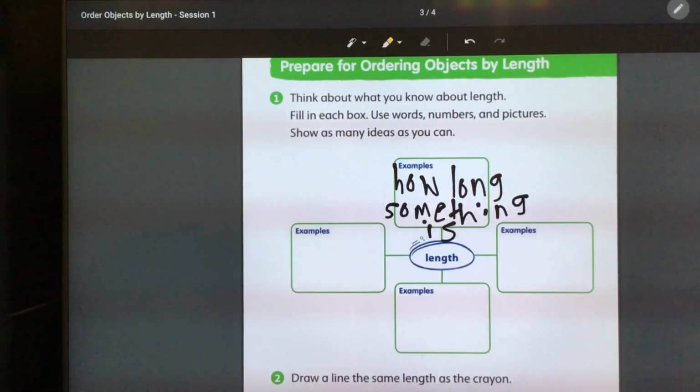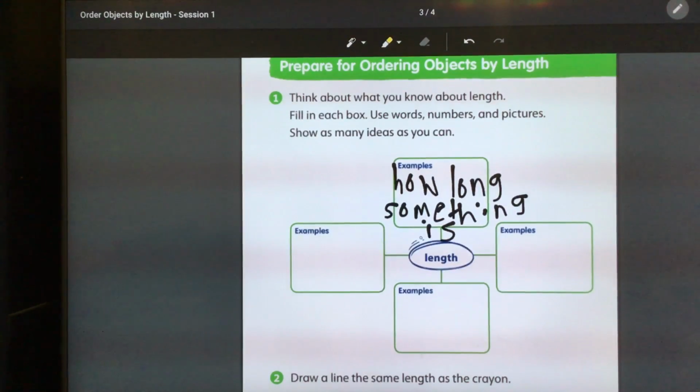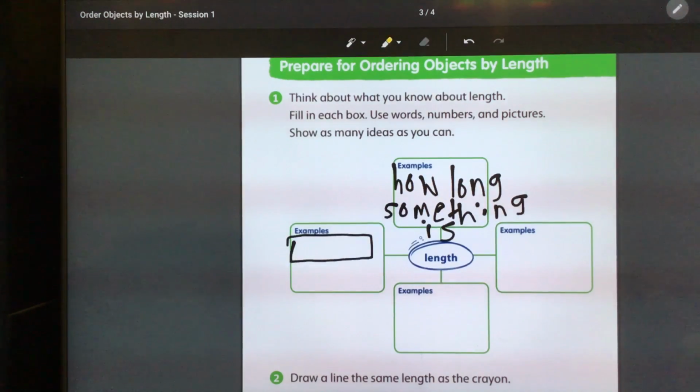Okay, then to show my picture, I'm going to draw a line here. Actually, I'm going to draw a rectangle. And then I'm going to use this right here. That is showing me length.